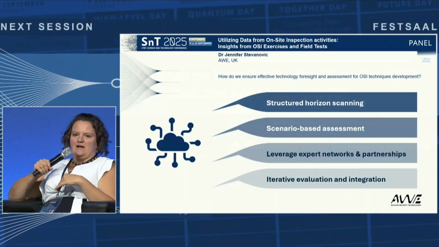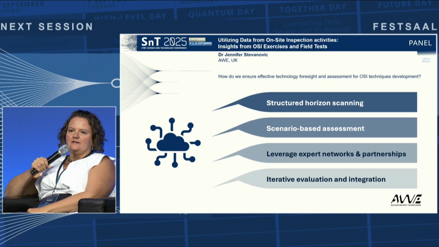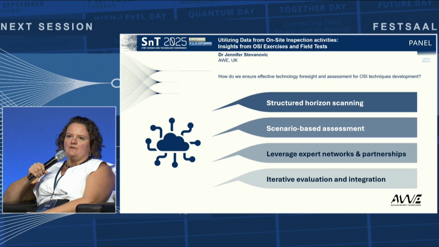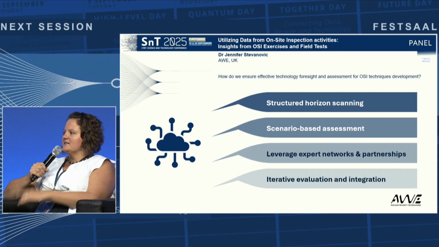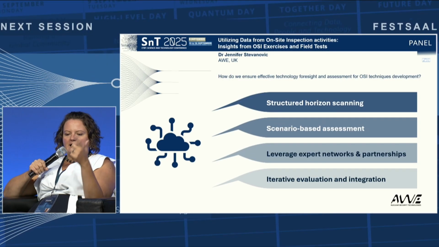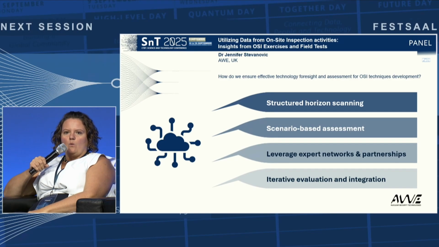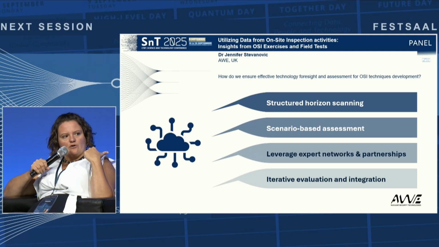So I interpreted this question as how do we future-proof, and how do we make sure that we are capturing all of the development. I've mentioned horizon scanning here, but after hearing some of my fellow panelists' inputs, I think it really comes back to the archiving question, because as we scan for new developments, we want to be able to apply those to the historical data.